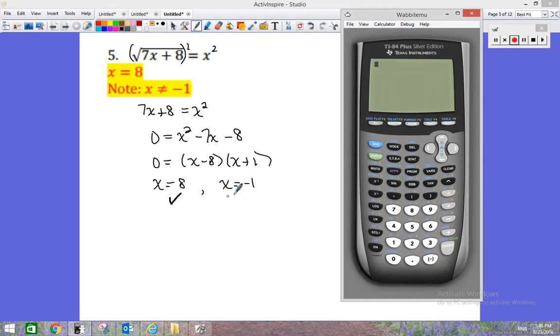What about this negative 1 if we plug it in? We've got the square root of 7 times this negative 1 plus 8. So that guy's 1. But on the right hand side, if we substitute it in, it's negative 1, and 1 is not equal to negative 1. So that doesn't check, and this x equals 8 is the only value that's in my solution set for this original equation.